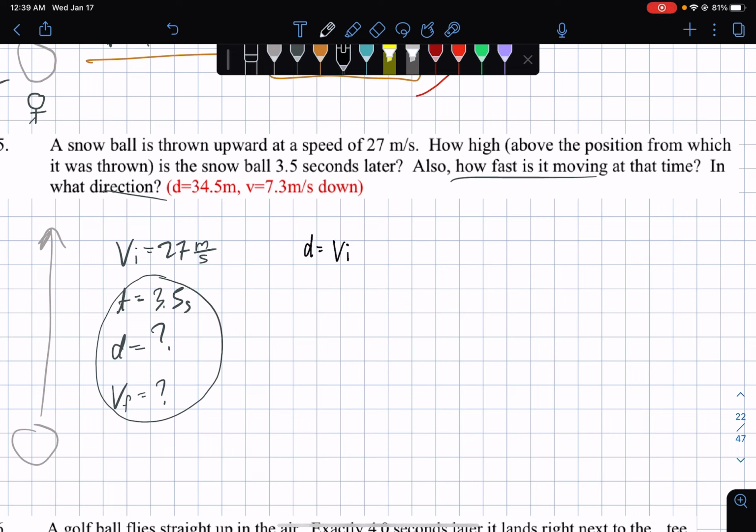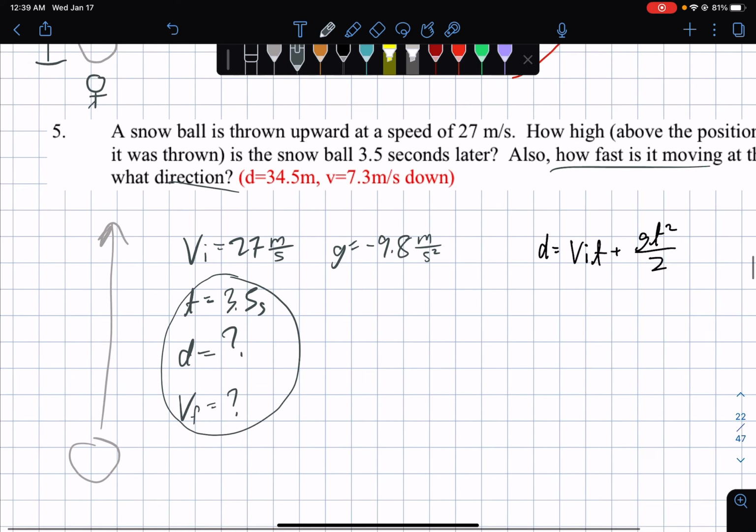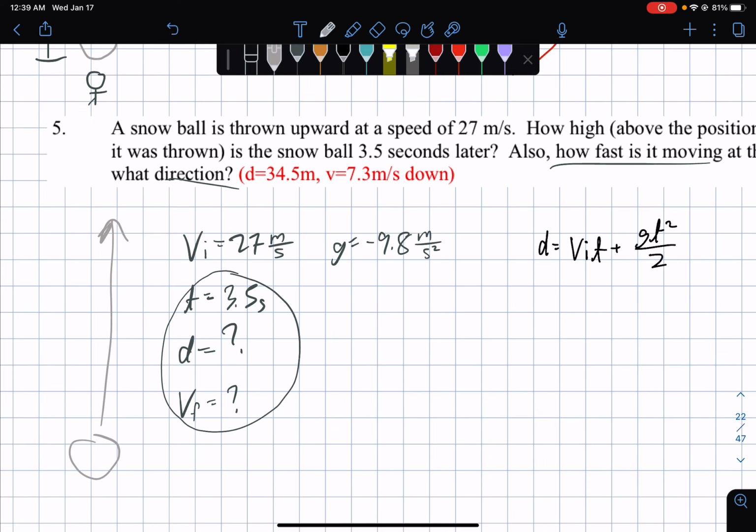D is equal to ViT plus GT raised to 2 over 2. Soon after, we're gonna have to standardize our way of writing the given, because if it's thrown upward, and it starts to go down, we do have different givens for each direction.